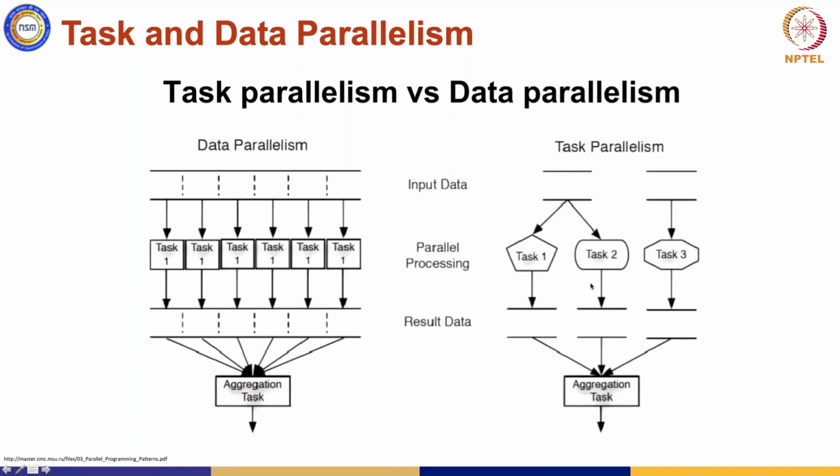So basically it is the decomposition at what level? Decomposition at the task level, decomposition at the data level, right? Here these are different tasks, you get the same data, or you get different data for the same type of task. So this is the basic difference between task and data parallelism.